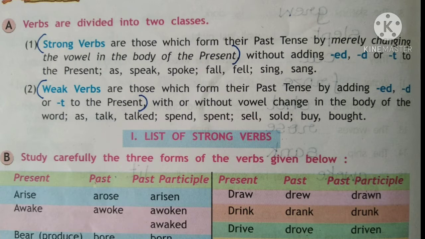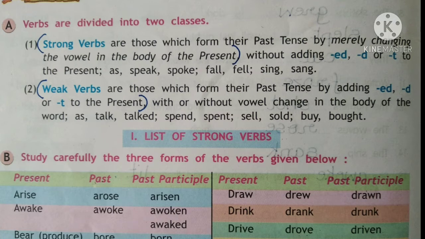So, what do you mean by strong verbs? Strong verbs are those which form their past tense by merely changing the vowel in the body of the present, without adding ed, d, or t to the present. Any verb in the present is verb 1.